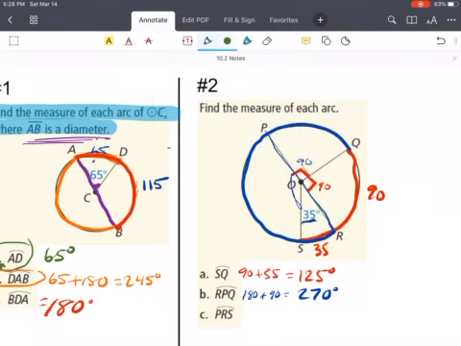And with PRS, start at P all the way to R. That's a diameter. That's a semicircle, so it's going to be 180. And adding my 35, 180 plus 35 is going to equal 215 degrees.